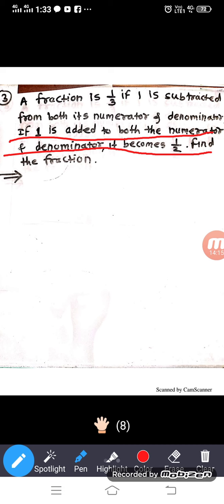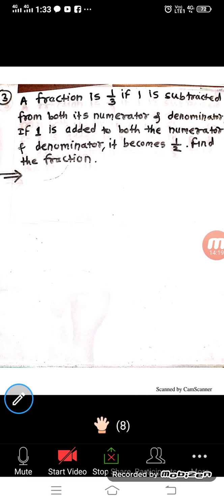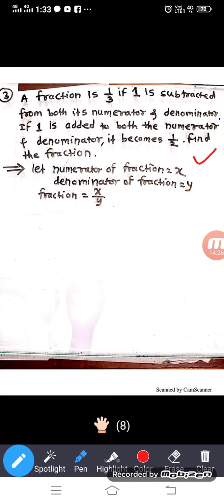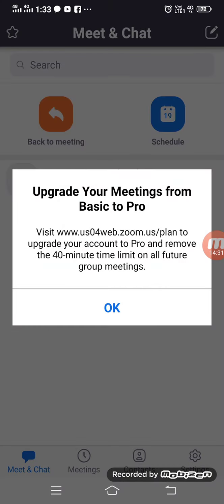Here we have to consider the numerator and denominator will be x and y.